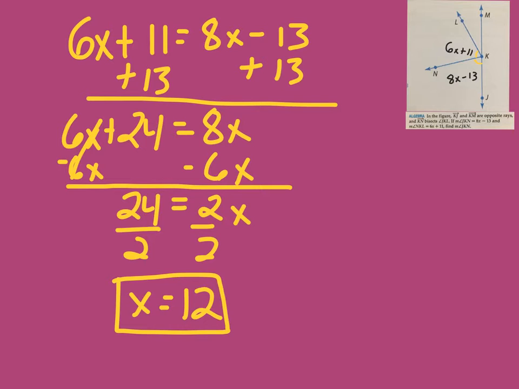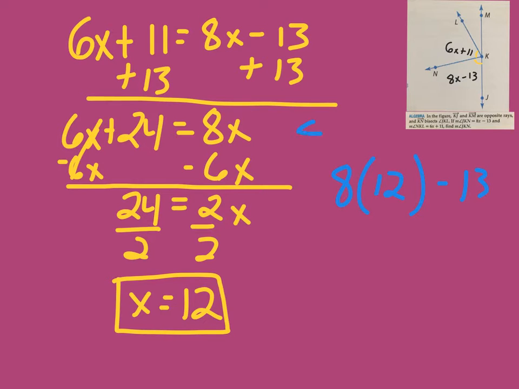They want JKN. So let's go back up here to what JKN is. JKN was 8x minus 13. Now I know what x is. So instead of x, I can write what I found x to be, which would be 8 times 12 minus 13.